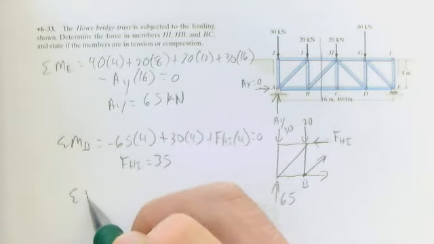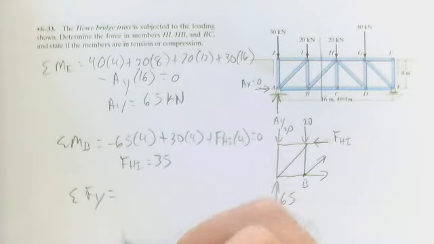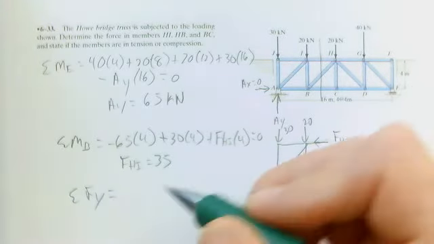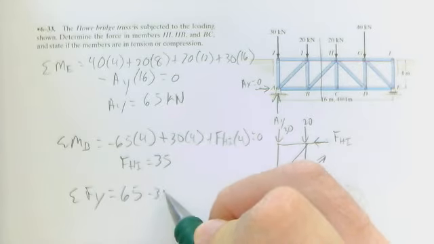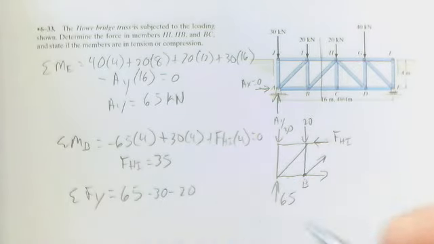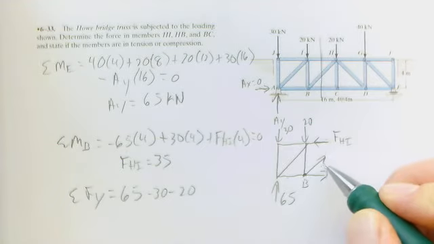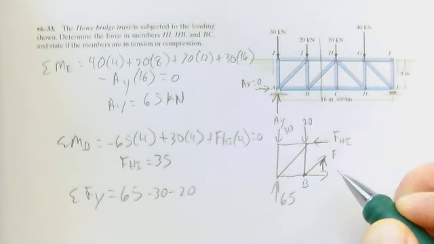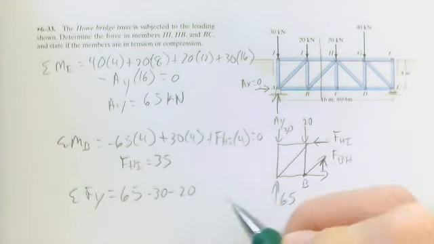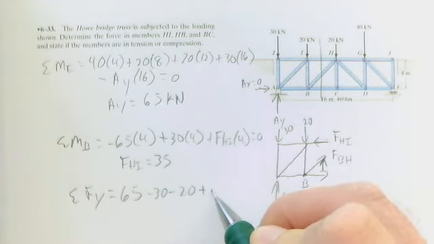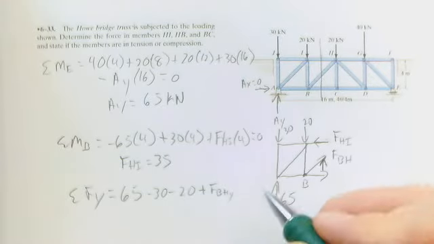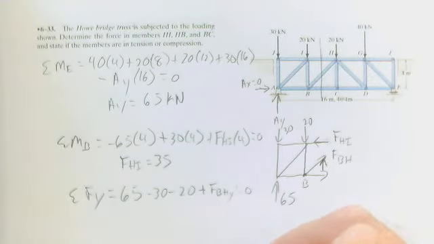Now I'm going to sum the forces in the Y direction. In the Y direction, I've got 65 up, I got 30 down, I got 20 down. And of my unknowns, all I have is the Y component of FBH. So I'm going to say I have plus FBH in the Y direction, and that equals 0.